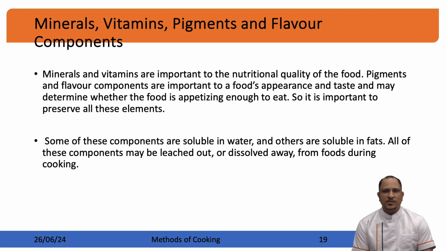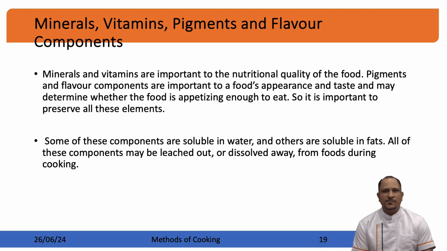Otherwise, there is no major change in minerals and vitamins when heat is applied. So water soluble minerals or vitamins can get lost if we are not using the proper technique, or they can escape through steam, or if you are not using the cooking liquid.